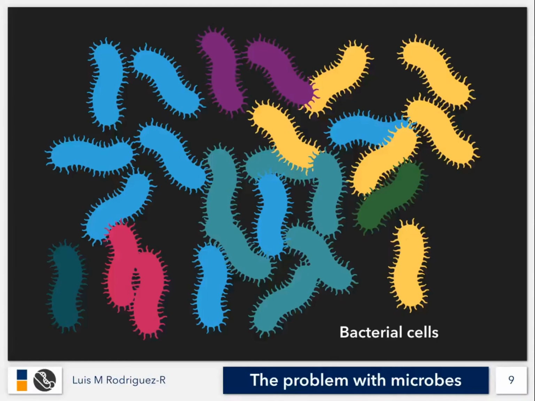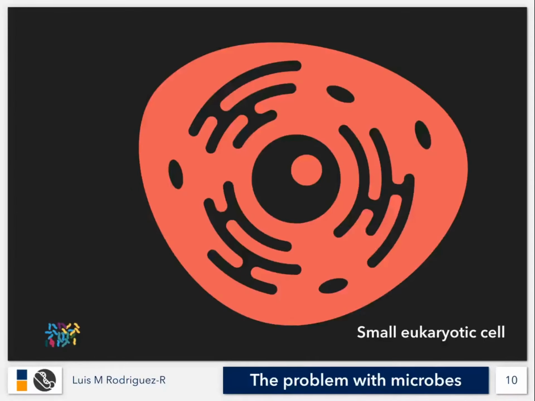Now, this is in general for ecology, for any group of living organisms. But there is a big problem with microbes, and that big problem is that they are small. Here is a cartoon of bacterial cells, just to give you an idea how these bacterial cells compare to a small eukaryotic cell. They are about 10 times smaller in diameter.